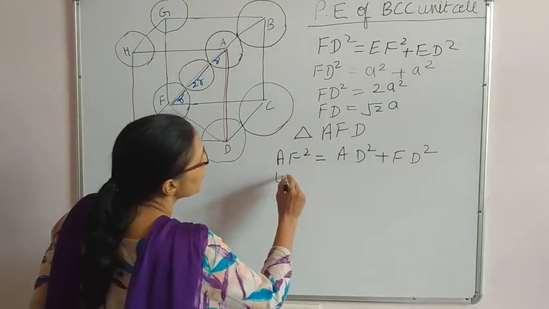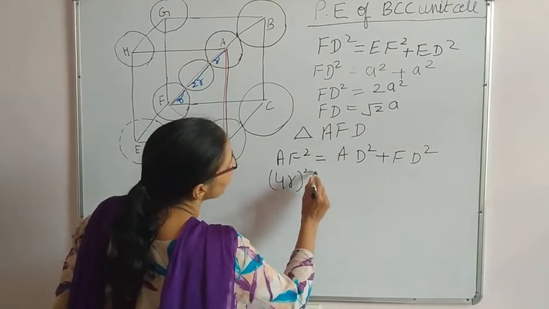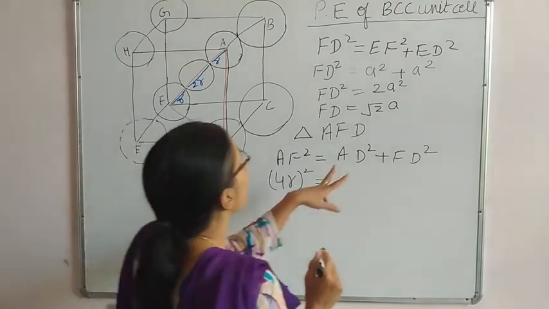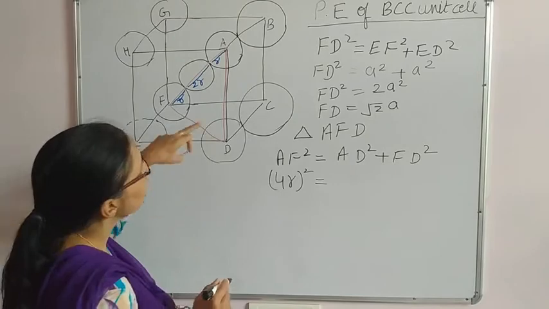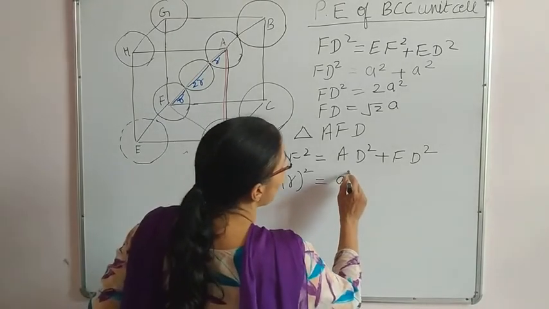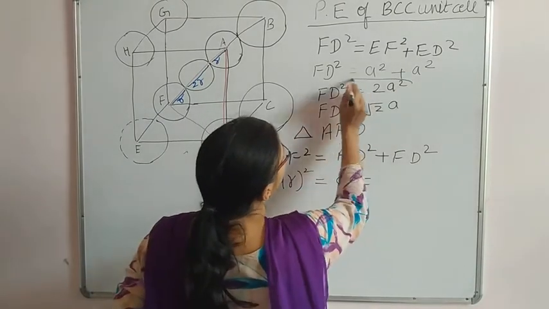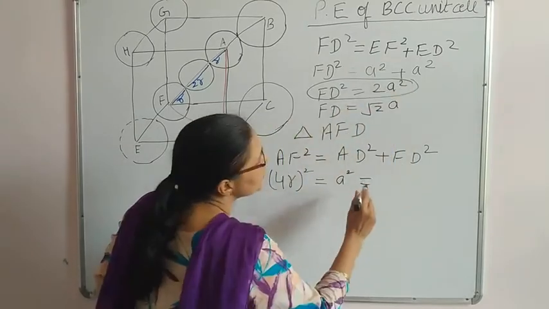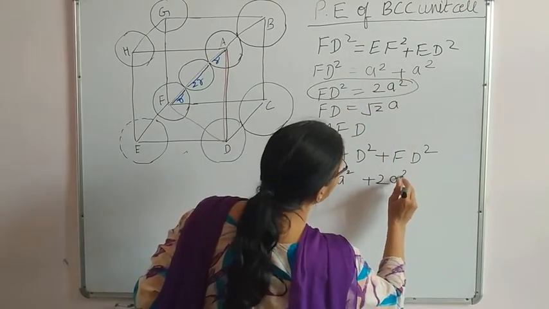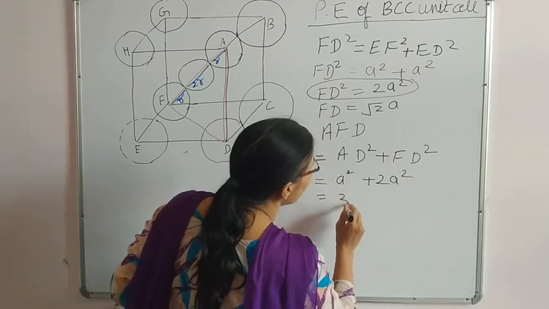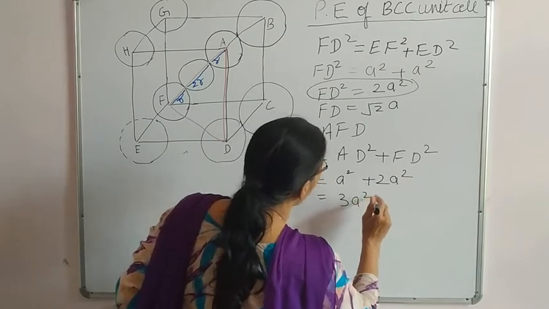So 4r square is equal to AD square, where AD is one of the edges, A square, plus FD square, which is 2A square. So it is coming as 3A square.